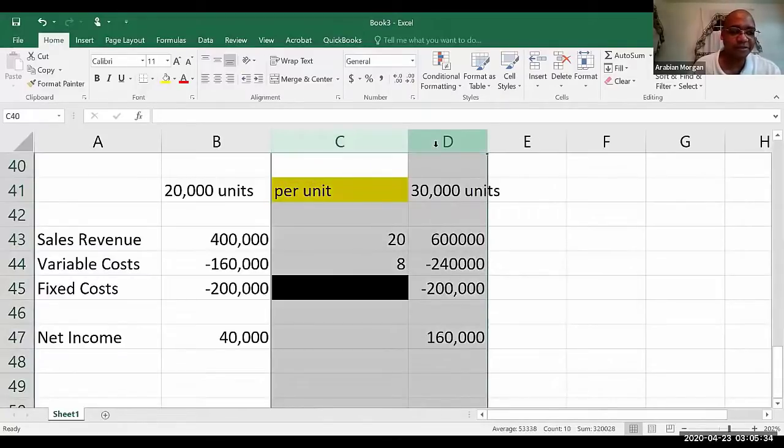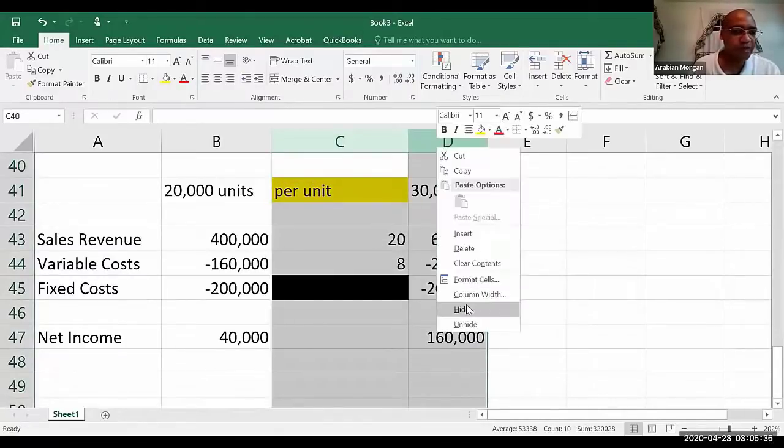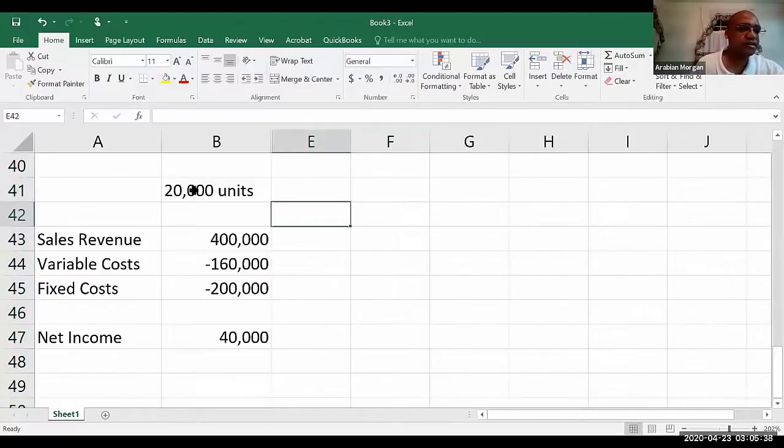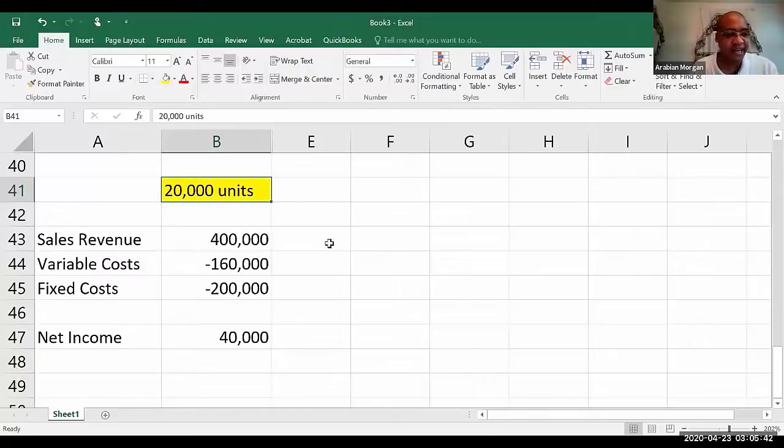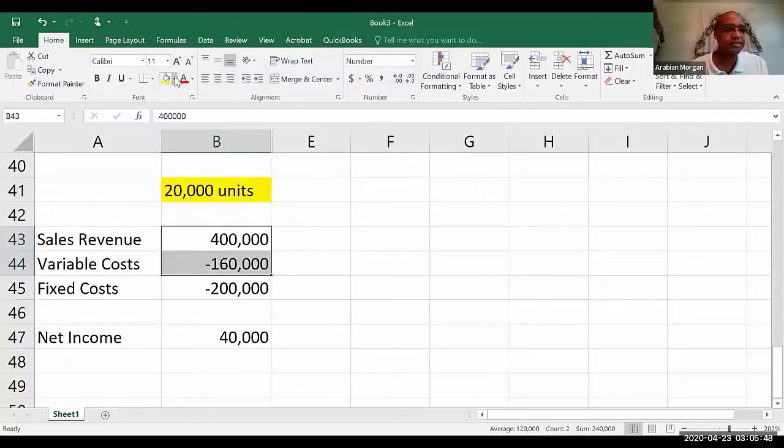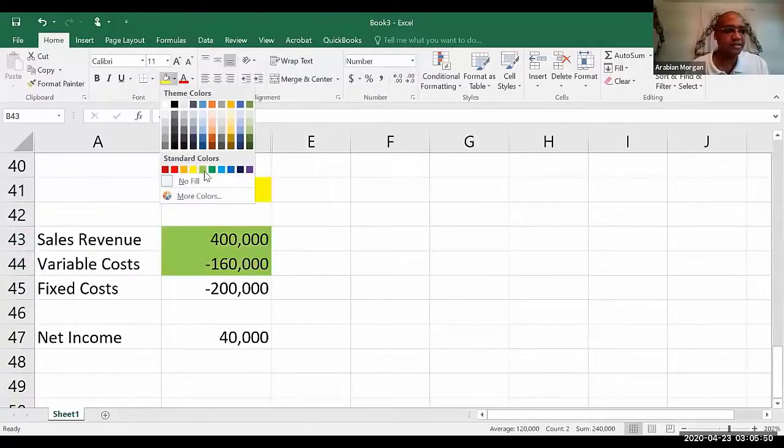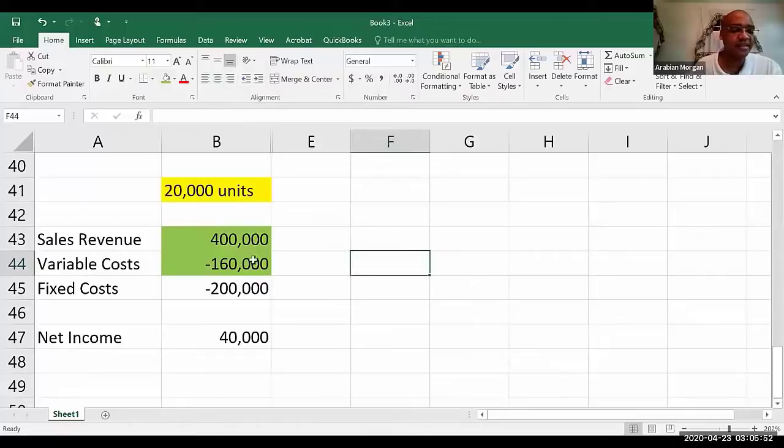I'll hide this information here for a moment. So this 20,000 units that was given to us indicates that the sales revenue and the variable costs, I'll highlight that in a slightly different color, these two green items here, revenue and costs, were created based on 20,000 units.